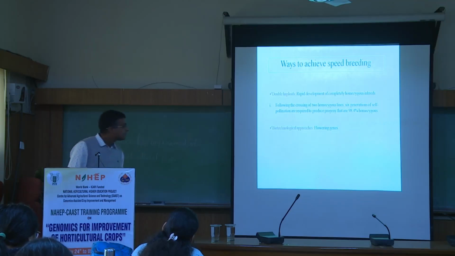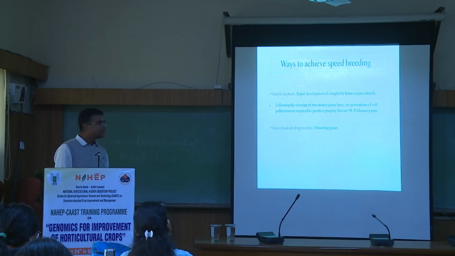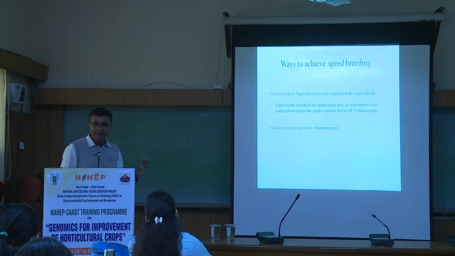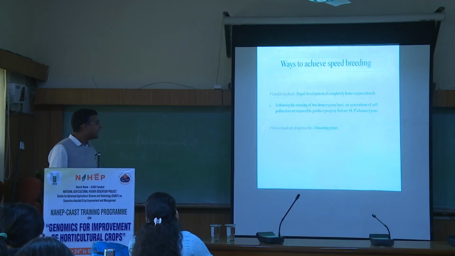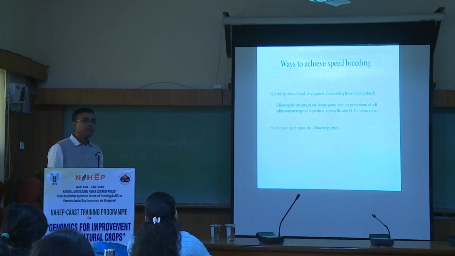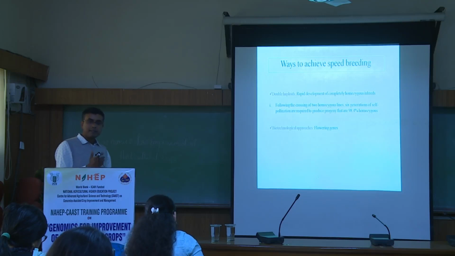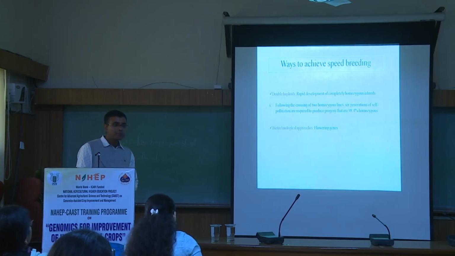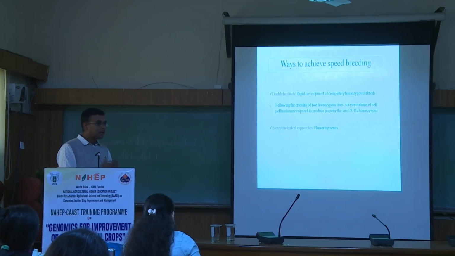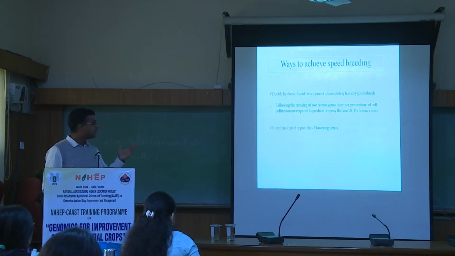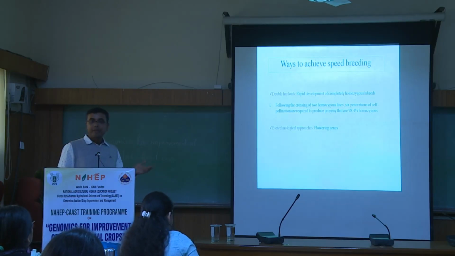And in the case of vegetable crops, this is the only technology which has been used till now for speed breeding. Then there are other biotechnological approaches, like flowering genes. Flowering genes are well studied in model species like Arabidopsis. From Arabidopsis, we now understand the homologous flowering genes in different species. Those genes can be modified using different technologies.